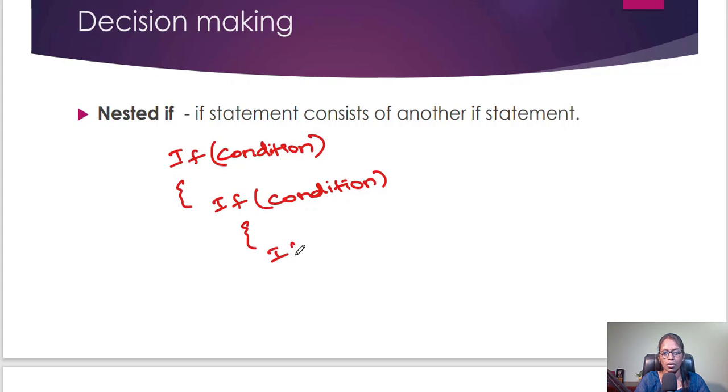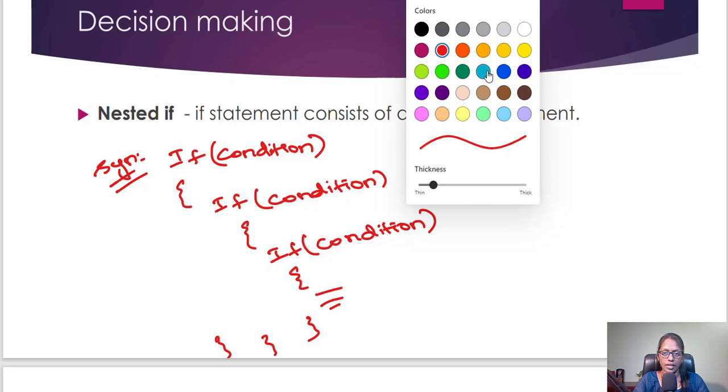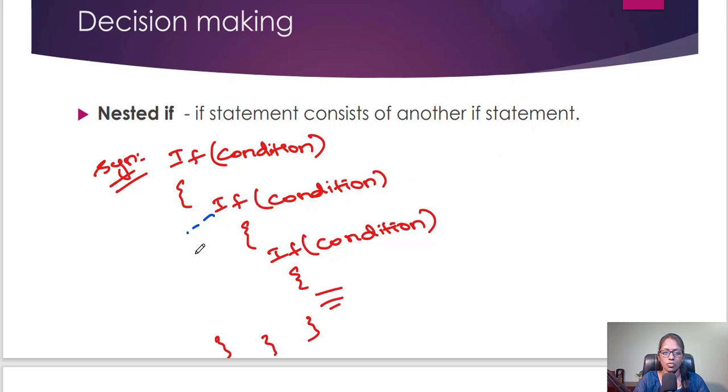So this is called a nested if condition. Okay, this is the syntax. It is nothing but an if statement consisting of another if statement. This is called nested if.